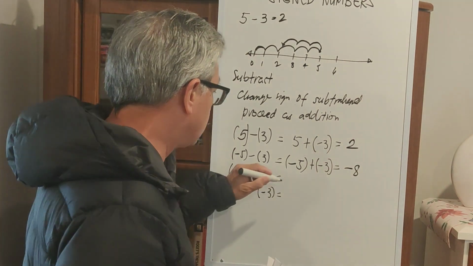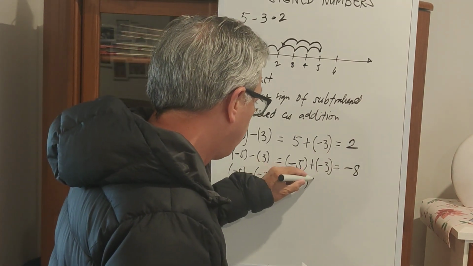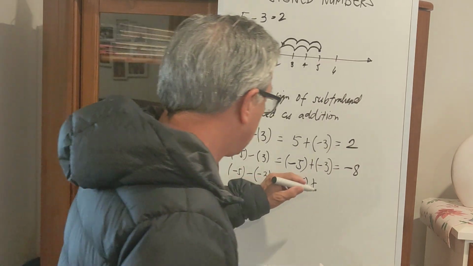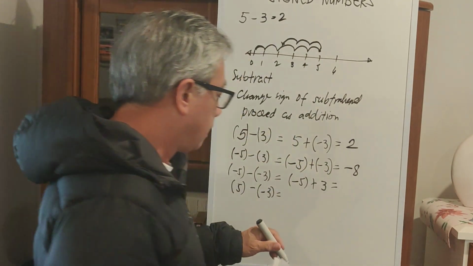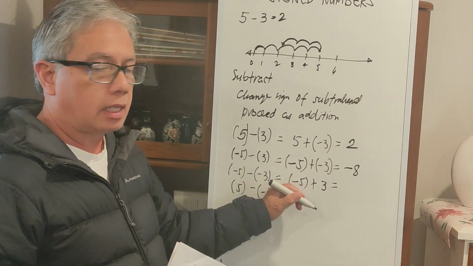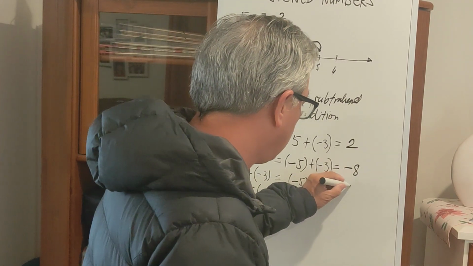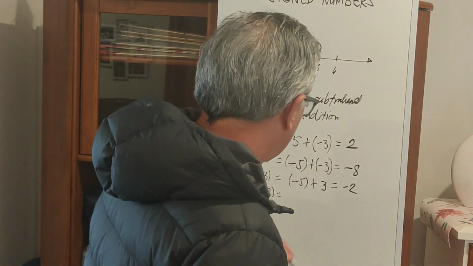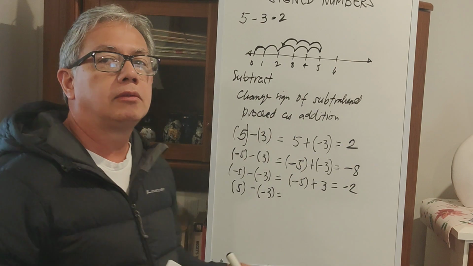So this one becomes negative 5 plus, and then you change the sign of the subtrahend, it becomes 3. They are different signs, so subtract: 5 minus 3 is 2. And then you copy the larger sign, which is negative, and we have negative 2.